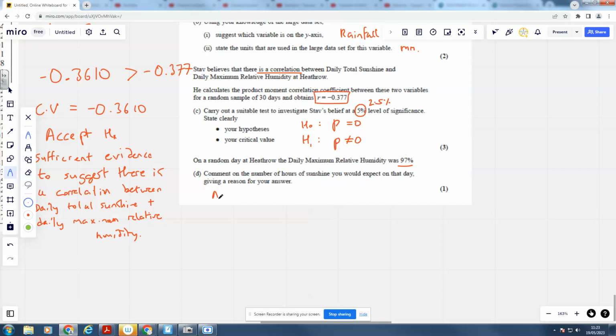I'm just going to say, well, as the humidity is high, I would expect the sunshine to be low. Yeah. As the humidity is very high, and according to the sample, it's a negative correlation. The correlation appears to be negative.